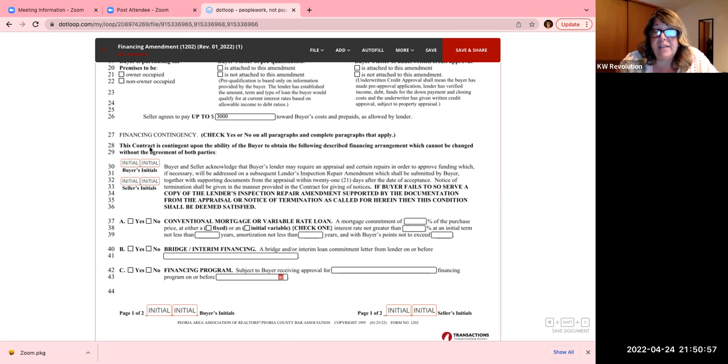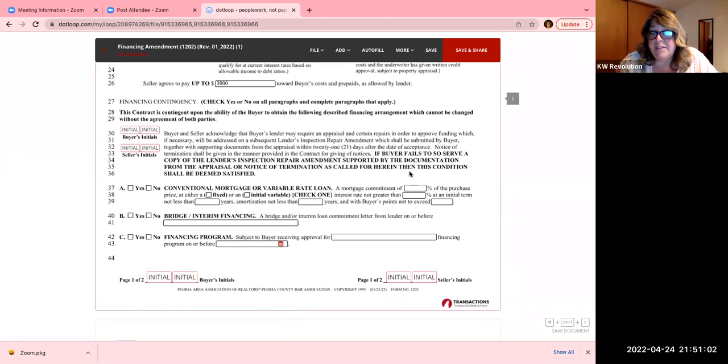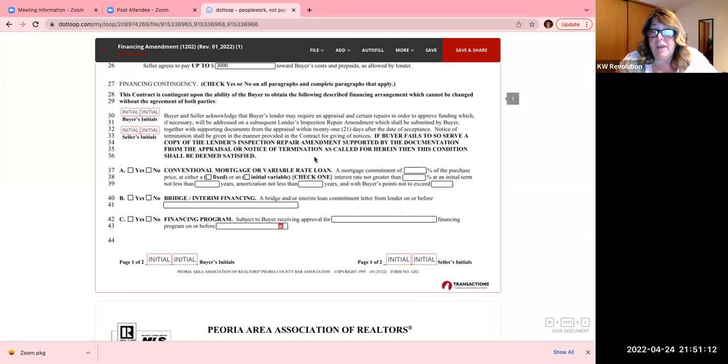So then buyers and sellers are both initialing that they understand how that works, and that will be like a lender's inspection and repair amendment that will be submitted. It's not anything that has to be done in 14 days. The appraiser actually has 21 days to do that.